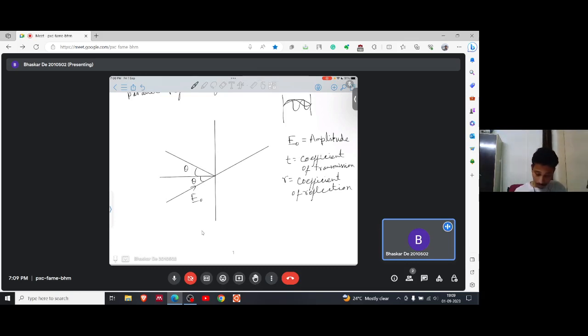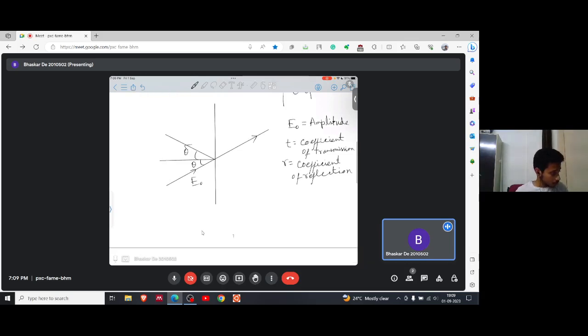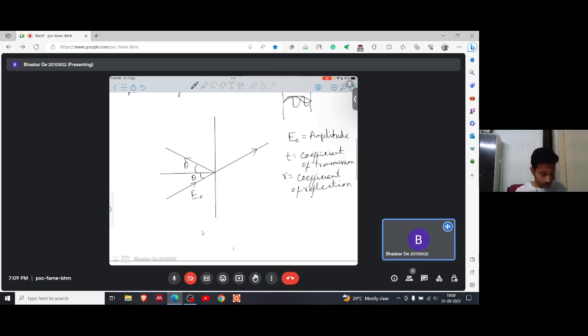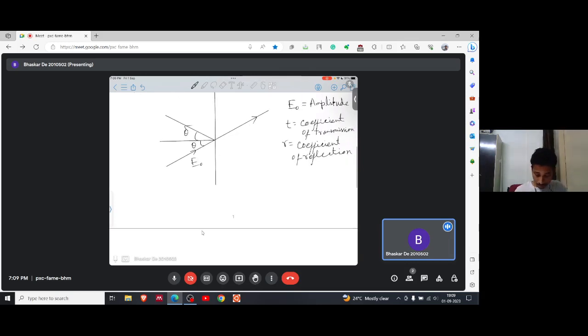So the incident beam of light with amplitude E naught is incident upon a partially reflecting surface.